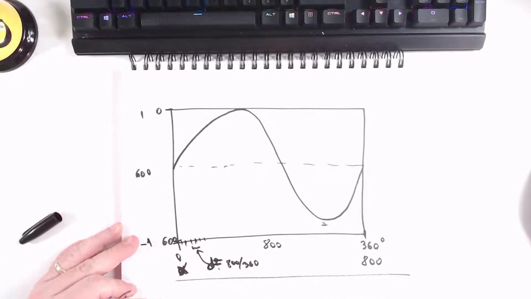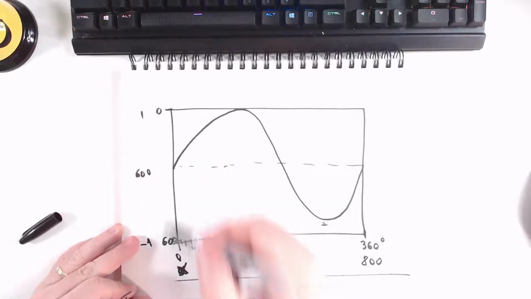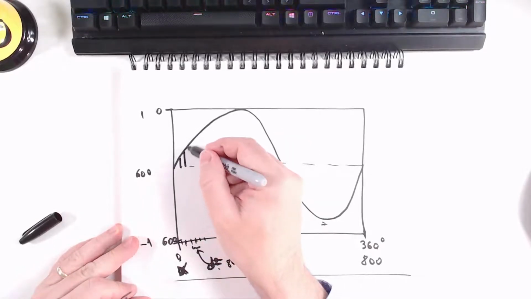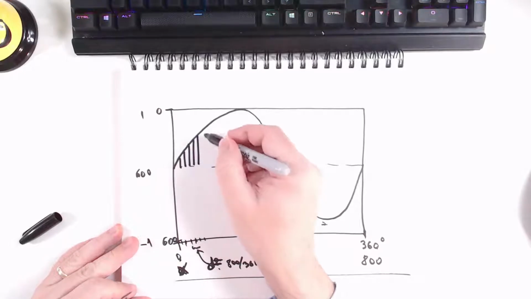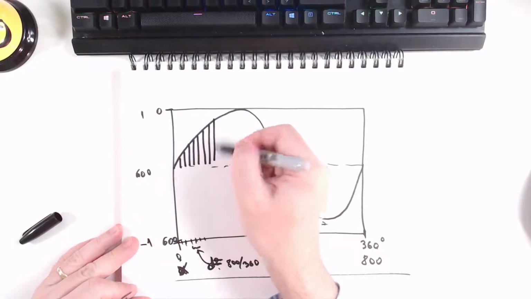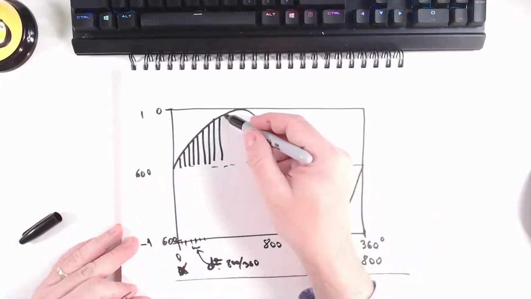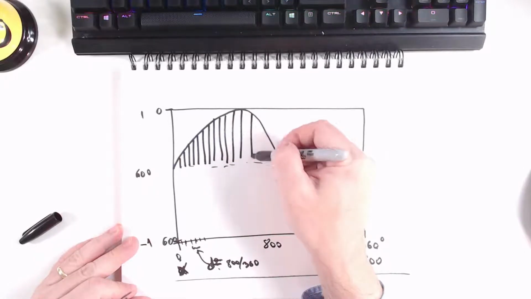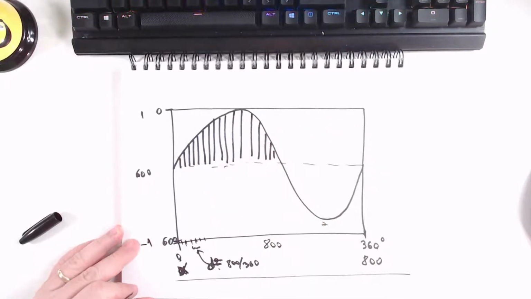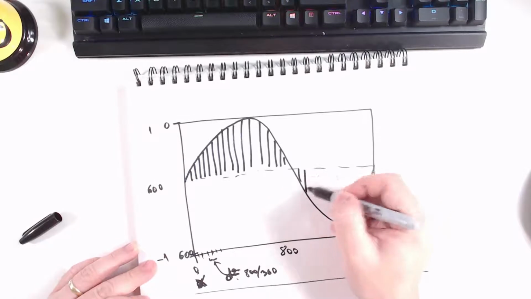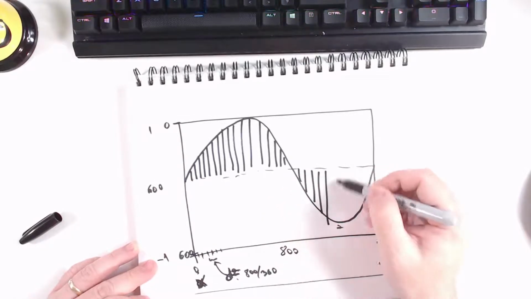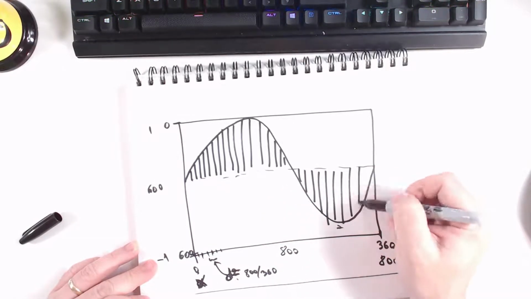Actually this line is pretty difficult to draw, so we're going to draw some vertical lines like that. These lines are much easier to draw, at least at this current moment.